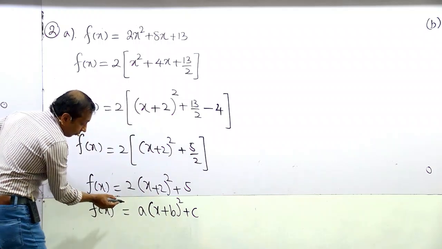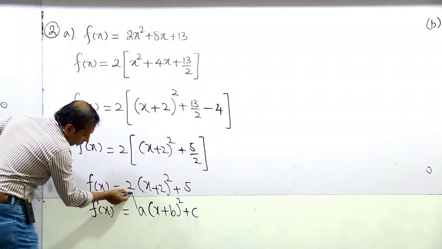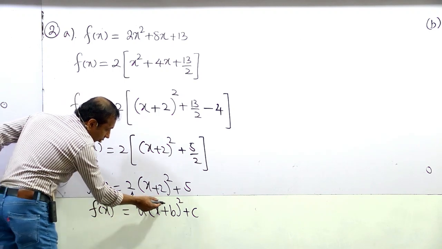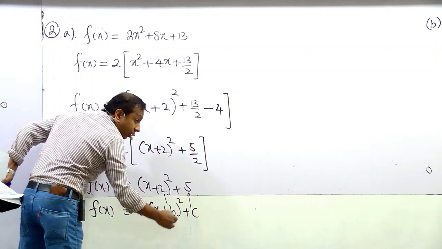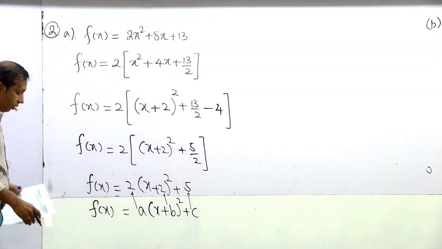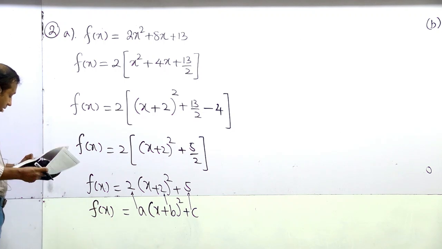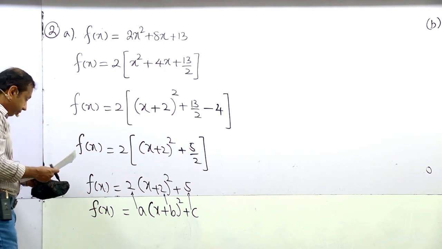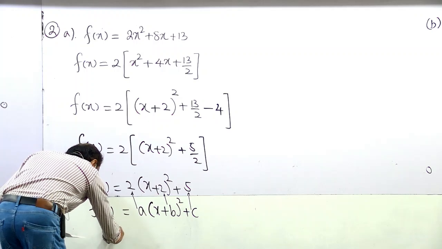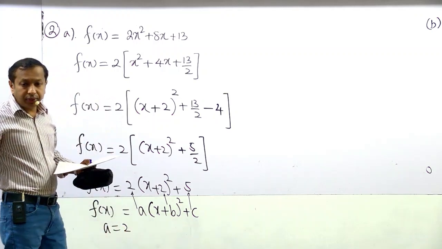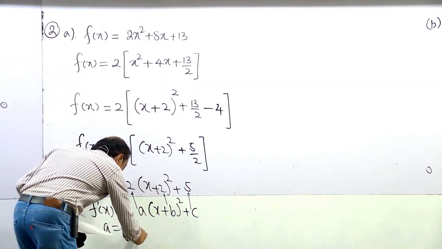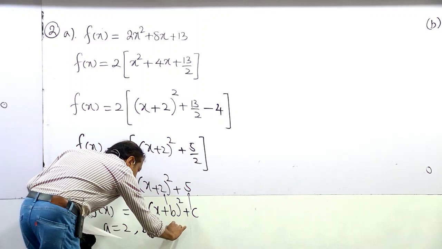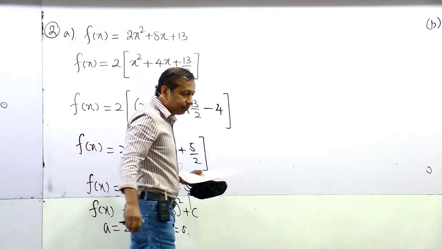Now compare here. What's a? a is 2. What's b? b also 2. What's your c? c is 5. Right? That way we can give the answers of a, b, c. a equals 2, and b also 2, c is 5.